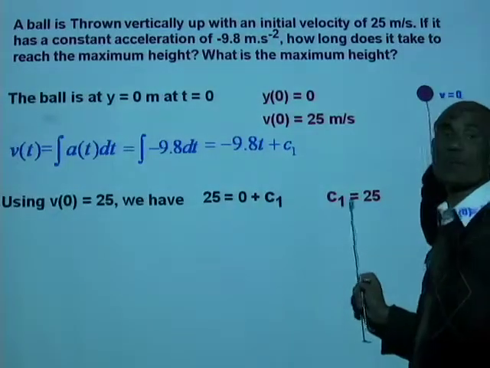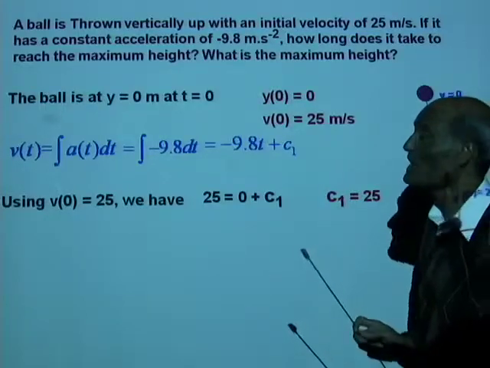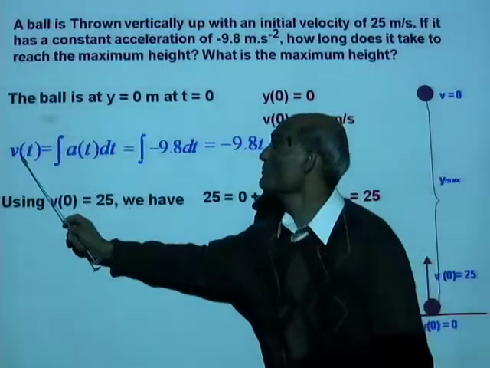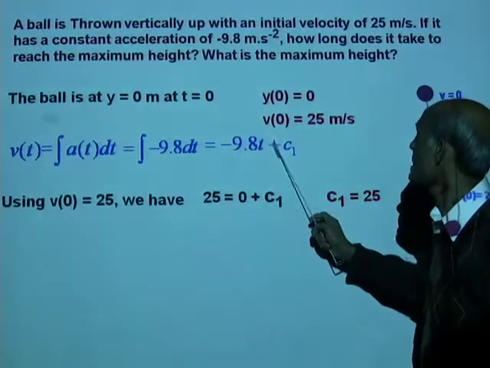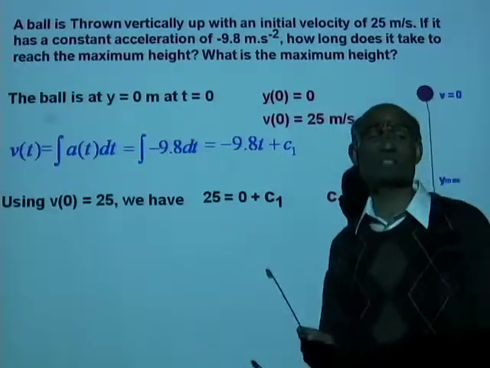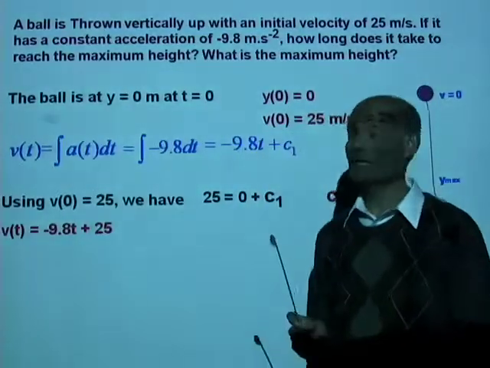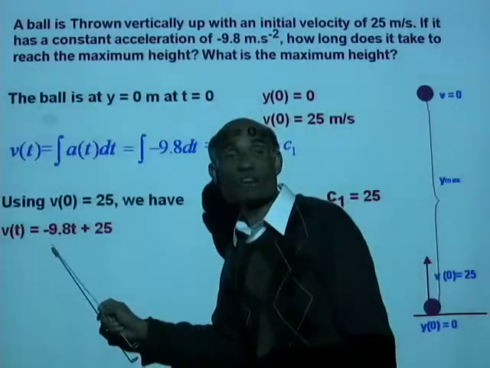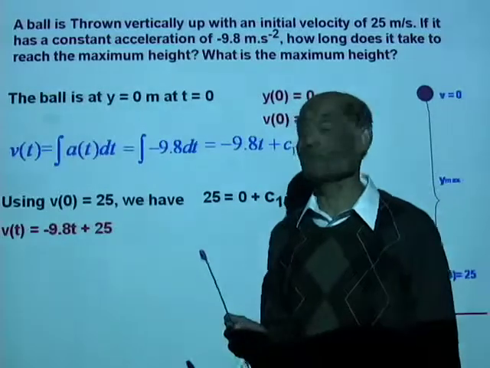That gives you c1 equal to 25. Therefore, what is our velocity function? v of t, therefore, is negative 9.8 t plus, in place of c1, we now write 25. That's our velocity function.